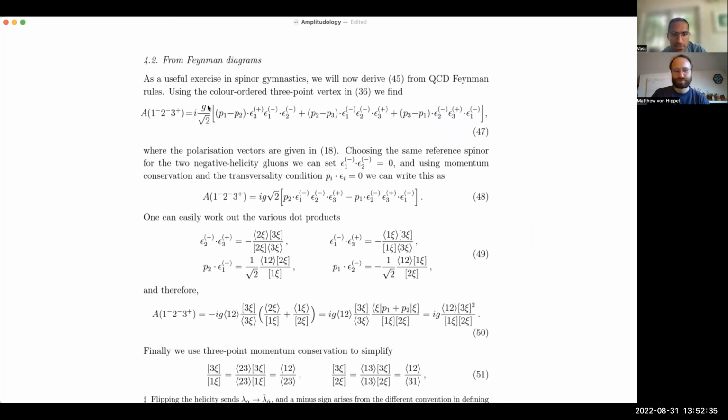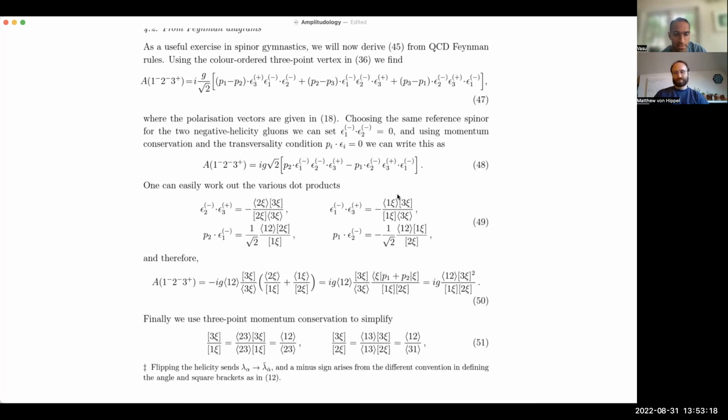Here you use the regular 3-point vertex, the Feynman rule for the 3-point vertex, and write down what the tree level contribution to this amplitude should be, account for helicities in the polarization vectors, and notice that there are features such as the transversality of the polarization vectors that allow us to write this entire thing in terms of just these two combinations: p2 dot epsilon 1 minus and p1 dot epsilon 2 minus, with coefficients epsilon 2 epsilon 3 with a minus plus, and epsilon 3 epsilon 1 with a plus minus.